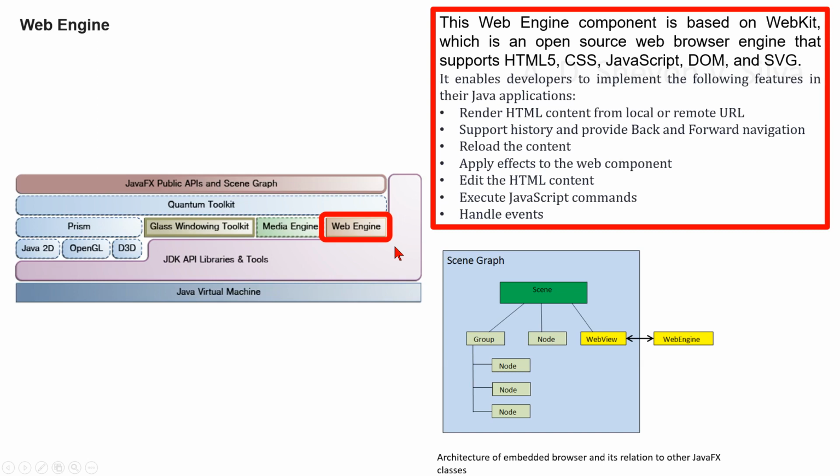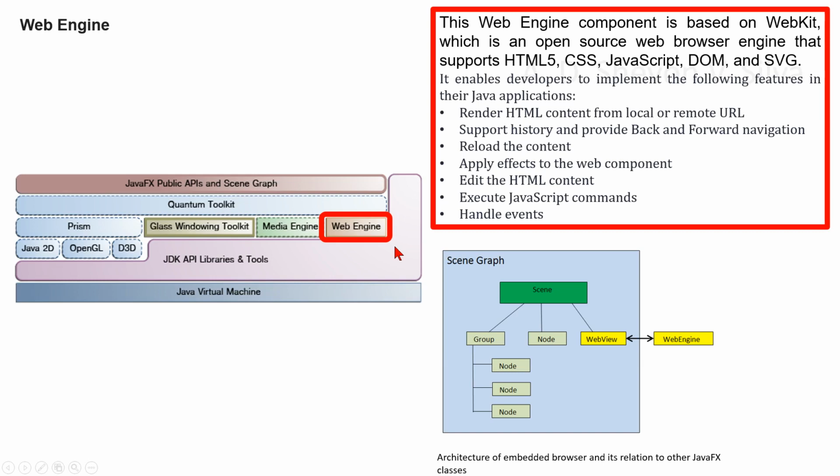It enables developers to implement the following features in their Java applications: render HTML content from local or remote URL, support history and provide back and forward navigation, reload the content, apply effects to the web component, edit the HTML content, execute JavaScript commands, handle events.